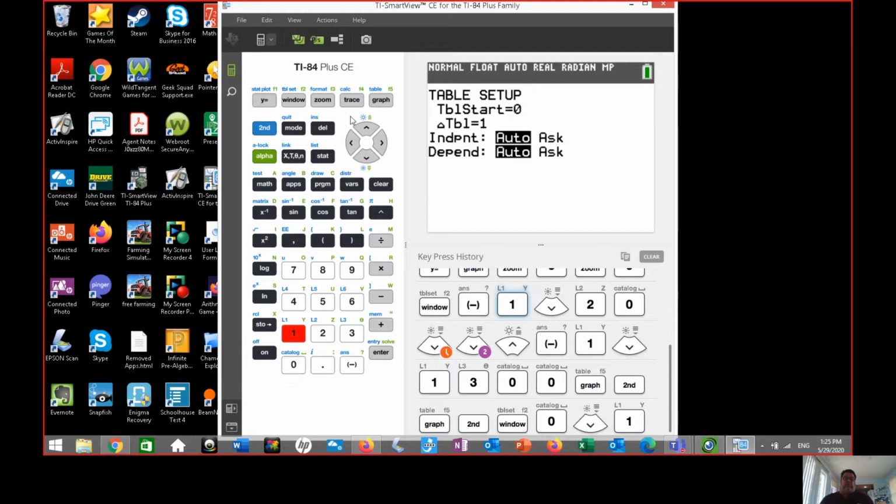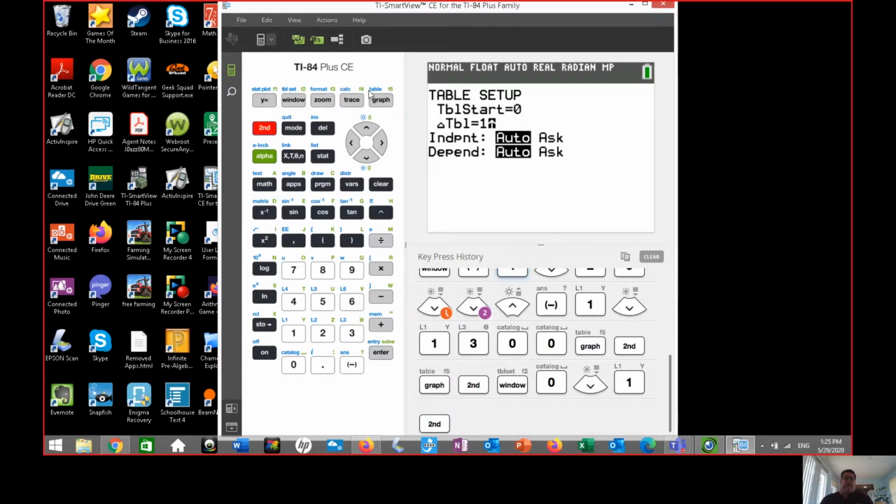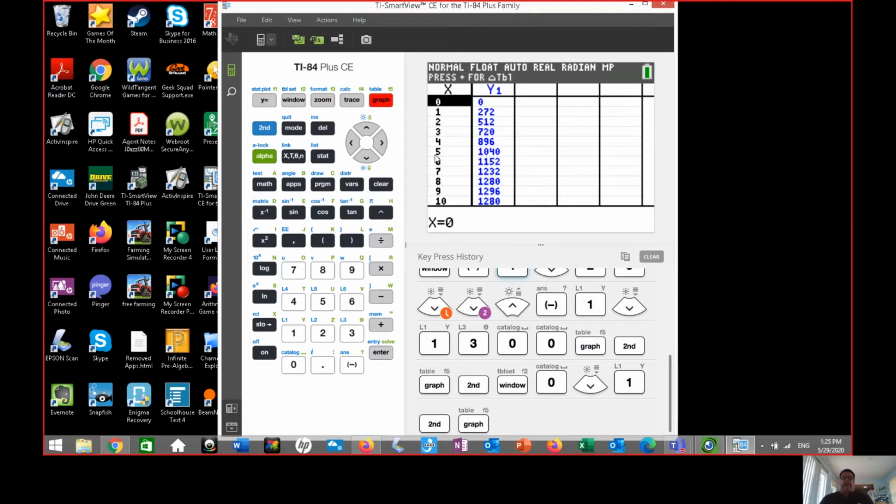There we go. Now hit second table. That looks a little better. So at 0, you're at 0. At 1 second, you're at 272. And at 9 seconds, let's see if 9 is your top. Yep, there it is. And then, of course, you can just go down and find any other value.